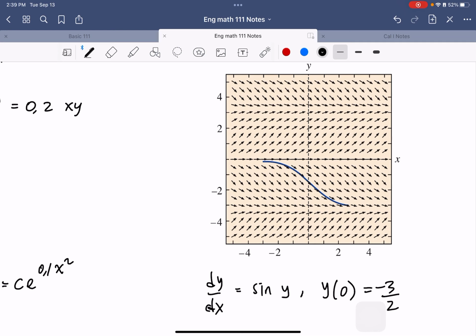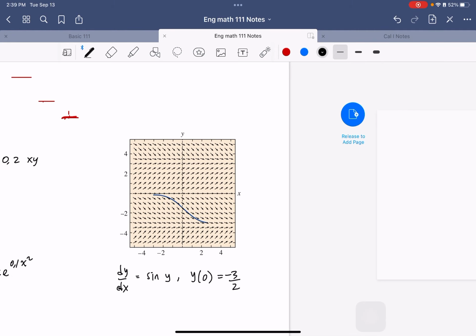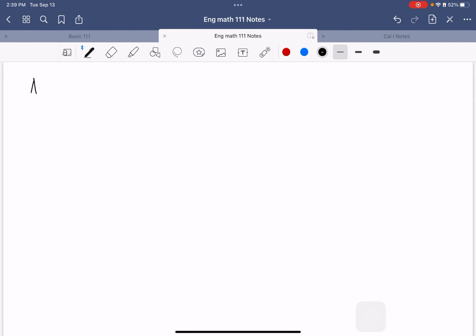It's free of the independent variable. So we call that autonomous first order differential equations. What does it mean?